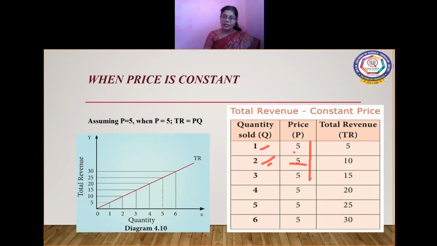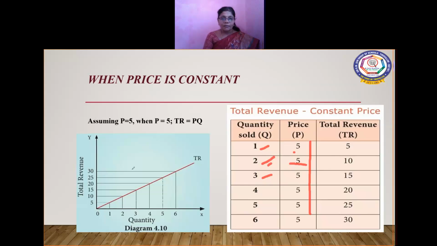It is not increasing or decreasing, no fluctuation in the price. Only the quantity sold differs, so the total revenue will also differ. If the quantity sold is 2, then 2 into 5 equals 10. If the quantity sold is increased to 3, then the person will receive 15 rupees. According to that, we can calculate the total revenue at constant price.